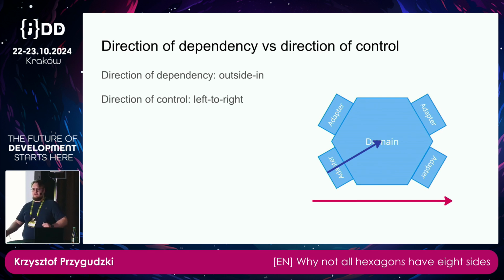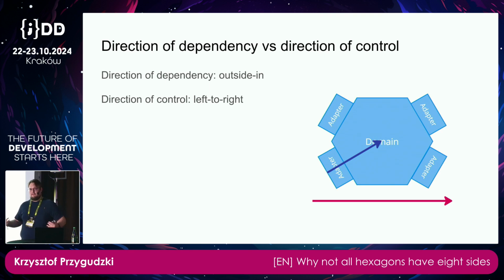Then it calls some service. So this is the primary port, again on the left side of the diagram. And then the service calls the repository, which is the secondary port to the right. And then this repository is implemented by the database adapter, again a secondary adapter on the right side.